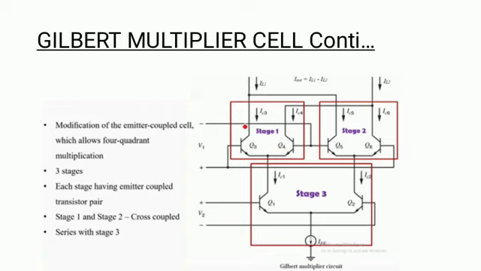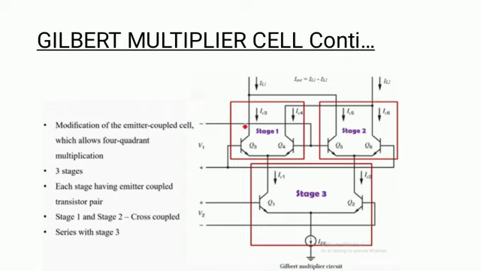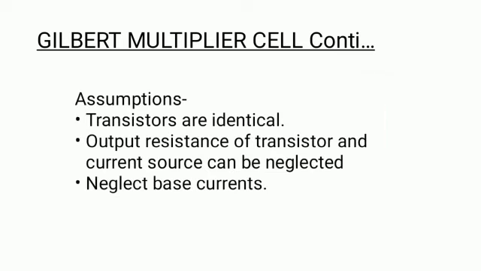Here, we assume that all the transistors are identical. This is the modification of the emitter coupled cell which allows four quadrant multiplication, with each stage having an emitter coupled transistor pair. The assumptions are that all the transistors are identical, the output resistance of the transistor and the biasing current source can be neglected, and the base currents can also be neglected.